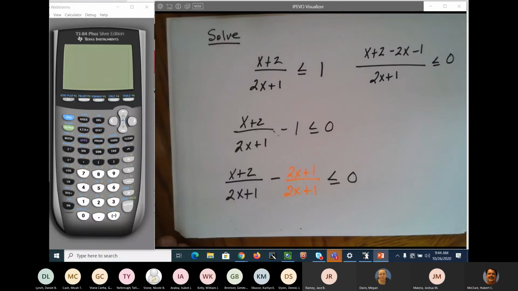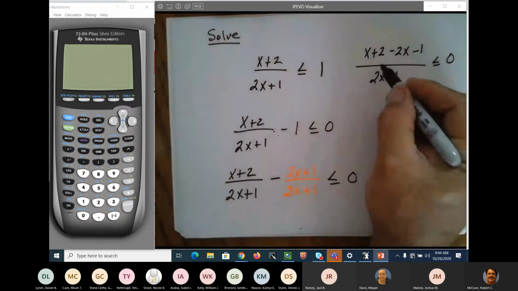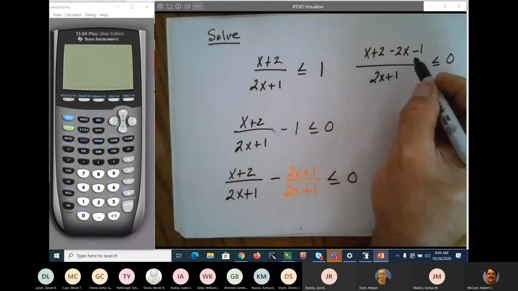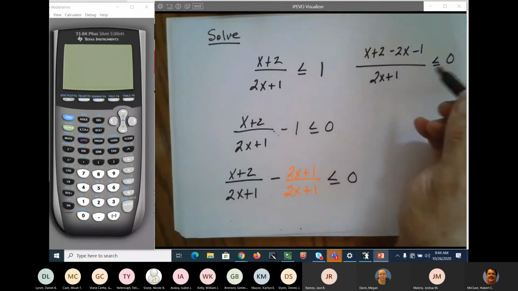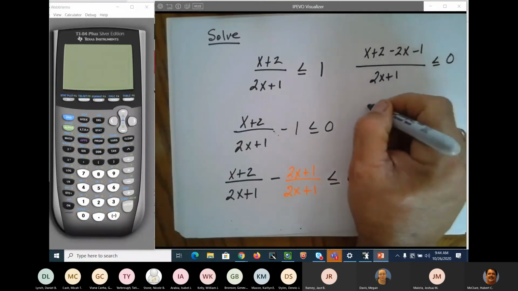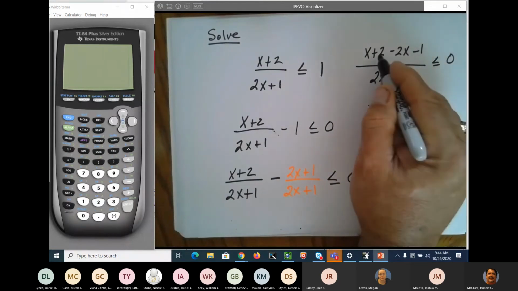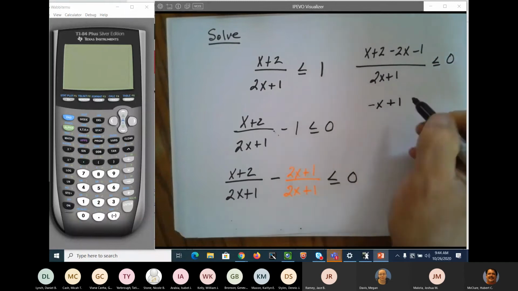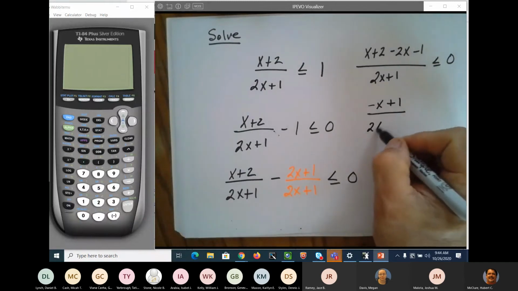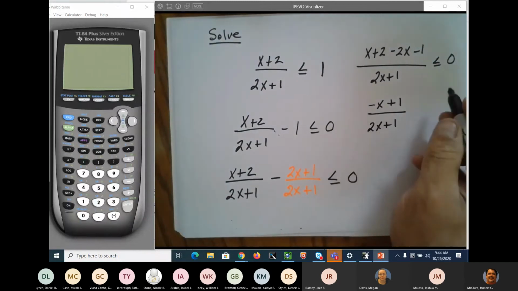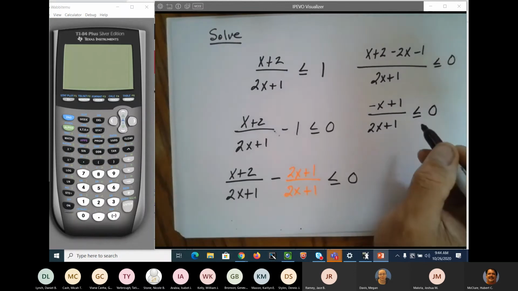Okay. So we've got a common denominator, and we've got x plus 2 minus 2x minus 1. That's going to give us negative x, 2 minus 1 is plus 1, over 2x plus 1 is less than or equal to 0.